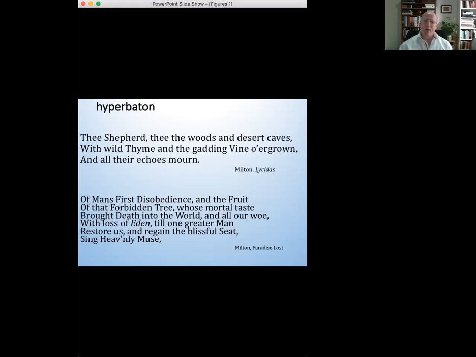Rather, it is of man's first disobedience and the fruit of that forbidden tree, whose mortal taste brought death into the world and all our woe with loss of Eden, till one greater man restore us and regain the blissful seat. Sing, heavenly muse. I think the effect there, hyperbaton, because the verb again comes near the end of the utterance, is really quite different from the effect of the hyperbaton in Milton's Lycidas.